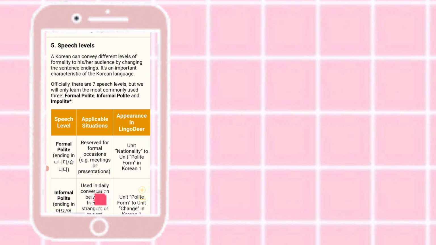Speech levels. A Korean speaker can convey different levels of formality to his or her audience by changing the sentence endings. It is an important characteristic of the Korean language. So if you're talking to a stranger and just using informal Korean sentences, it will really not go well.